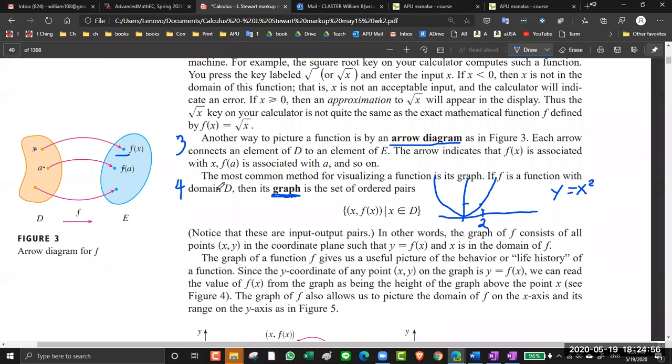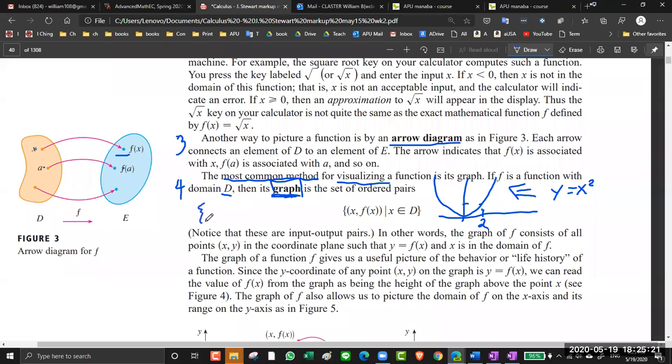Okay, so they say the most common method for visualizing a function is its graph. If f is a function with domain D, then what do we mean by the graph? Well, we mean this, but how do we write that? We write it like this.